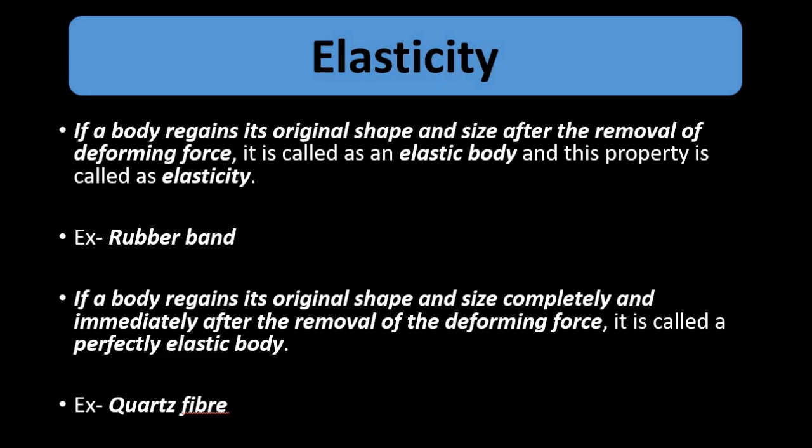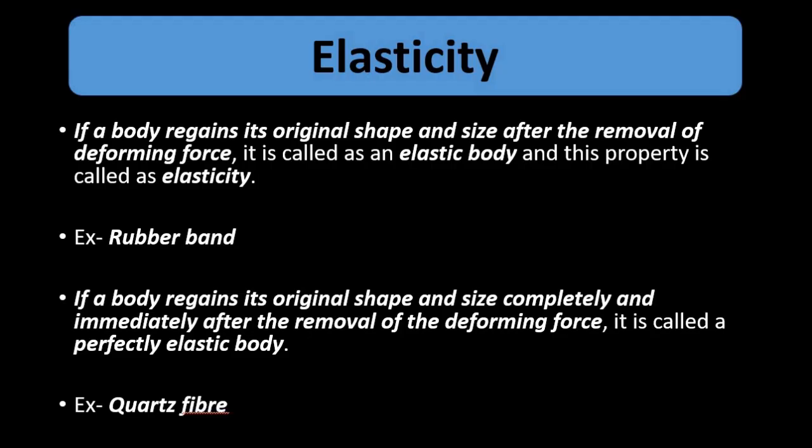Plastic nature is when the deformation force is applied and the body undergoes a permanent deformation in dimension, whether it is length, breadth, height, sliding angle, bending angle, or any kind of change in its dimension.